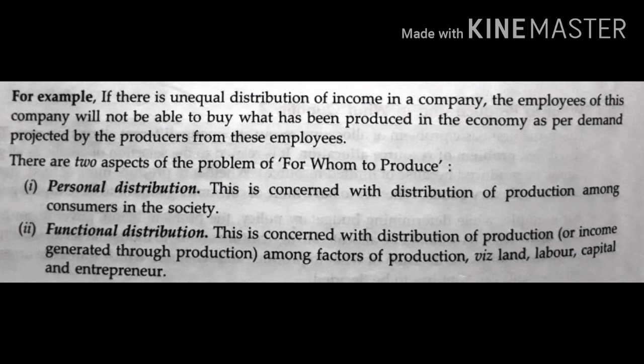Because this distribution of income is actually not equal among these four factors of production, we call it unequal distribution of income, or inequality in income. And therefore, for whom to produce is the problem of inequality of income, which every society has to face.